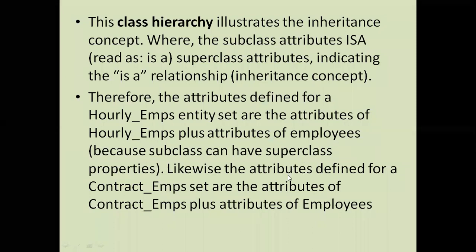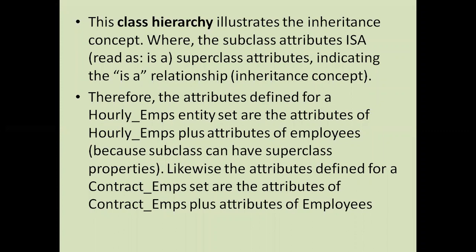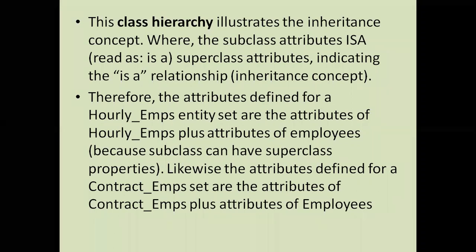We already studied this in object oriented programming. What is inheritance, am I right? Inherit the properties from the base class to the subclasses, so subclasses can use the attributes of the base class also. Likewise, the attributes defined for the contract employee set are attributes of contract employee plus attributes of employees.